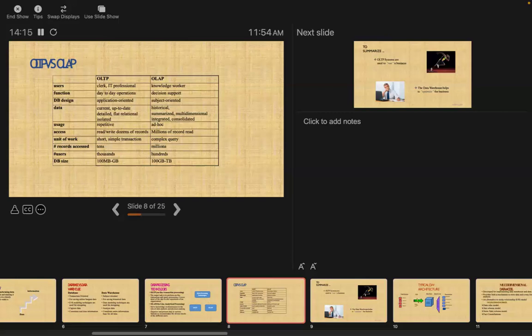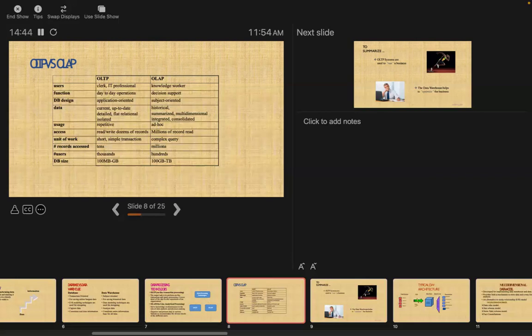Then data, meaning what will be the input. Here, current, up-to-date, detailed, flat, relational, isolated data is what we deal with in OLTP. But in OLAP, we use historical data, summarized, multidimensional, integrated, consolidated data.